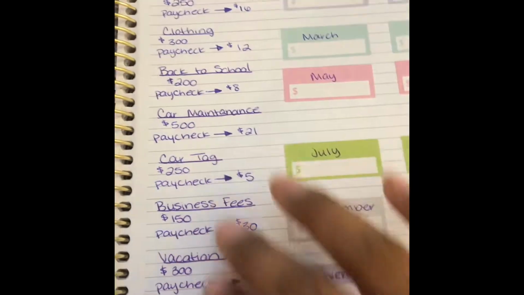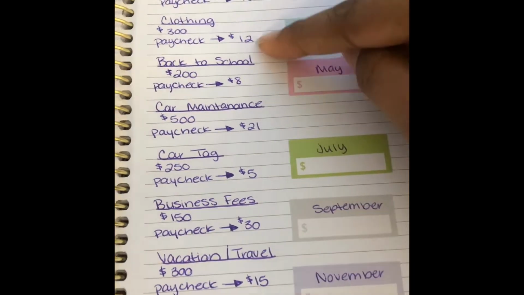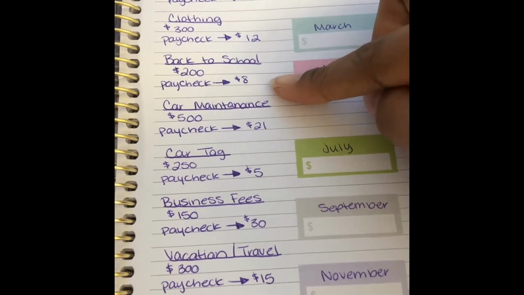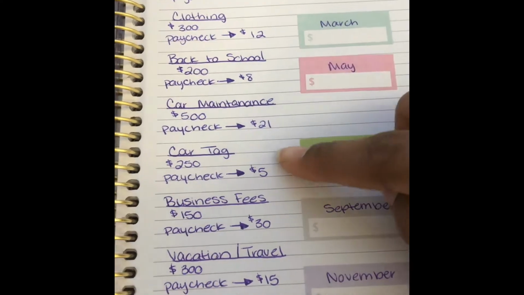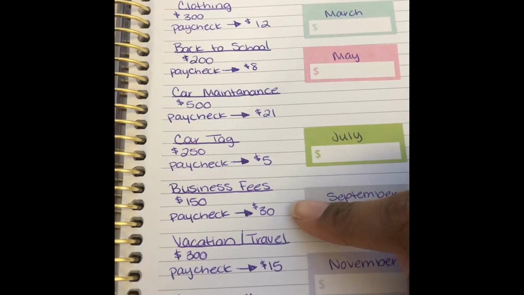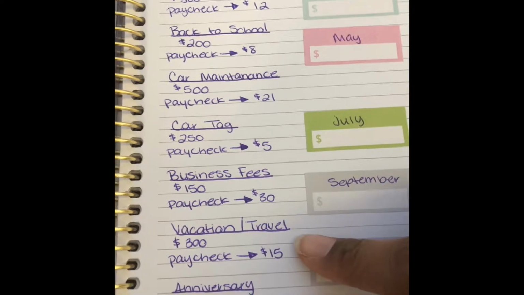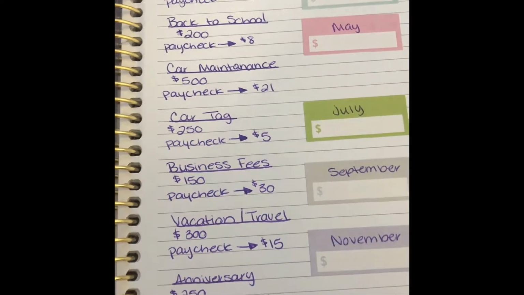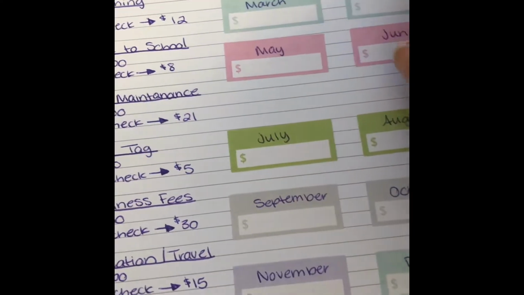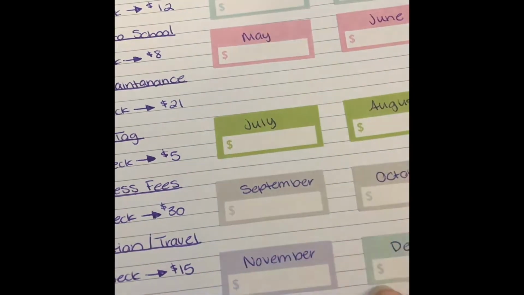These are my sinking funds. I'm doing birthdays, clothing, back to school, car maintenance, car tag, business fees, vacation, travel, anniversary, and Christmas. And then I did a running tally of every month.